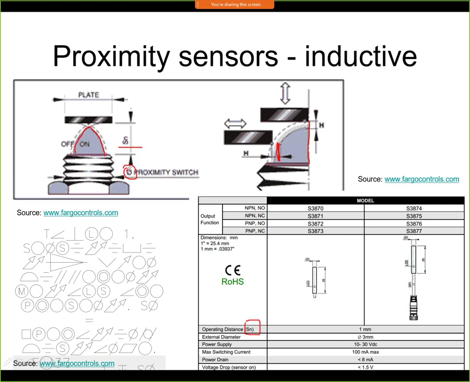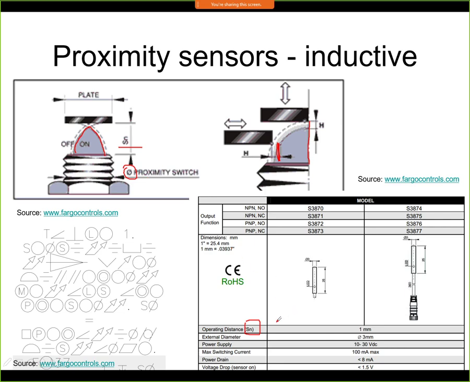And the dependence of the sensing distance is the following. If this diameter is larger, then the sensing distance gets larger as well. In any case, it is quite small. It is a few millimeters.